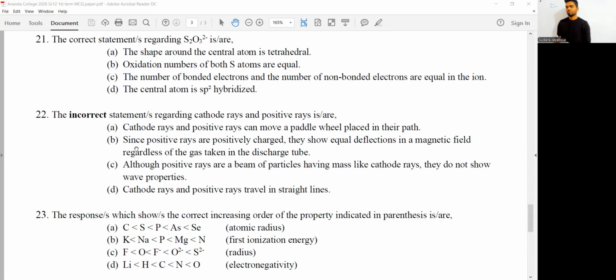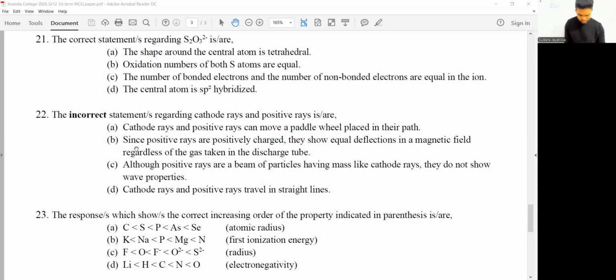For macroscopic objects like a baseball, the wavelength is negligible when compared to its size. That's why we don't see them as waves moving, right? But electrons and these positive ray particles are very small, so compared to their size, their wavelength is considerable.